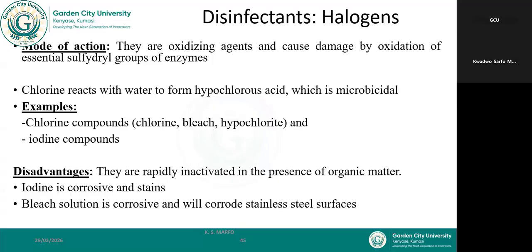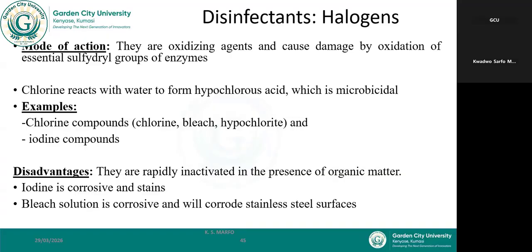So the classifications of disinfectants. We've talked about alcohols, aldehydes, phenols, and we are on halogens. So group 7 elements or group 17 elements are able to oxidize. That means they can remove electrons or they can add oxygen and increase the oxidation state.